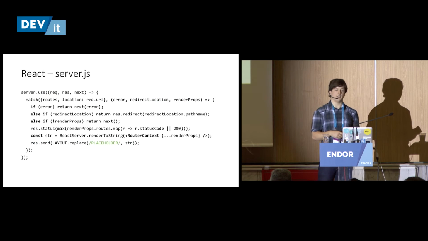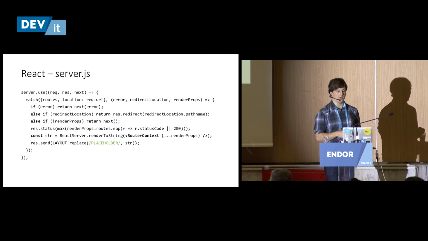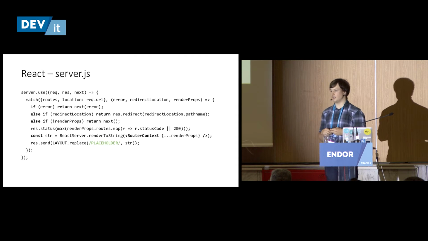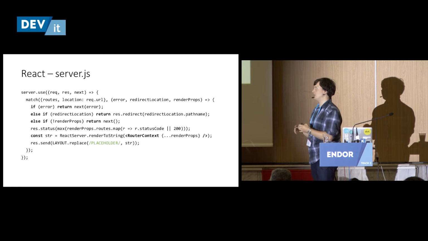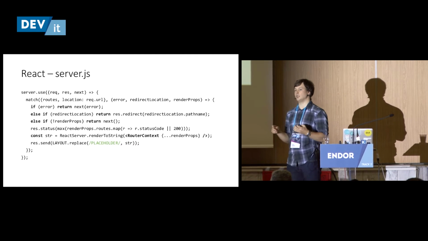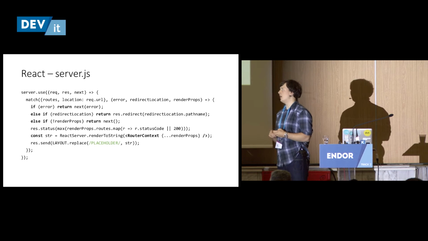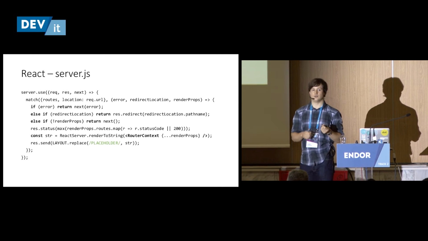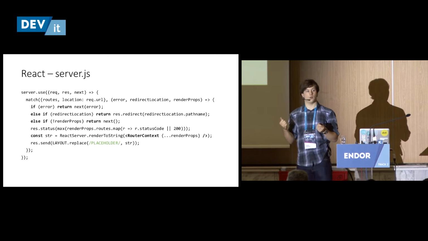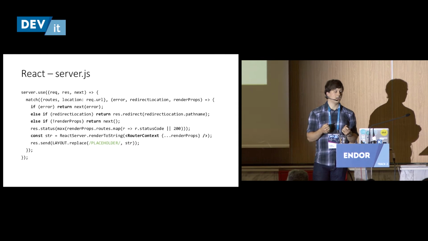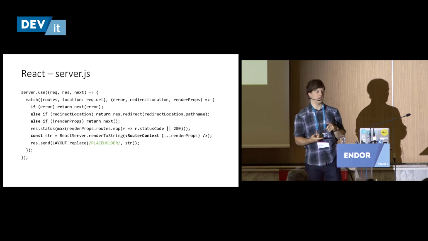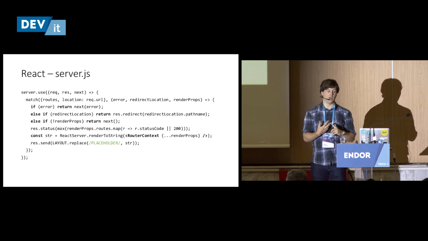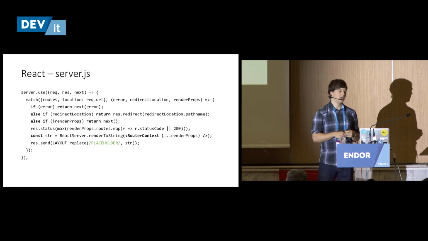On the server side, it's a little bit more work, but React Router provides this match method, which allows you to, in the absence of any actual location, any actual URL bar, take the list of routes and match some URL, some string against that. And then it calls a callback eventually with either an error, a redirect location, or the properties to render with.